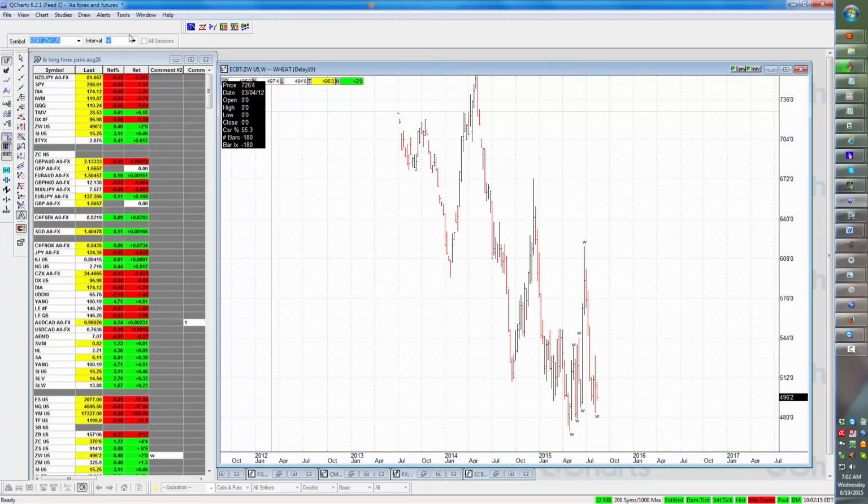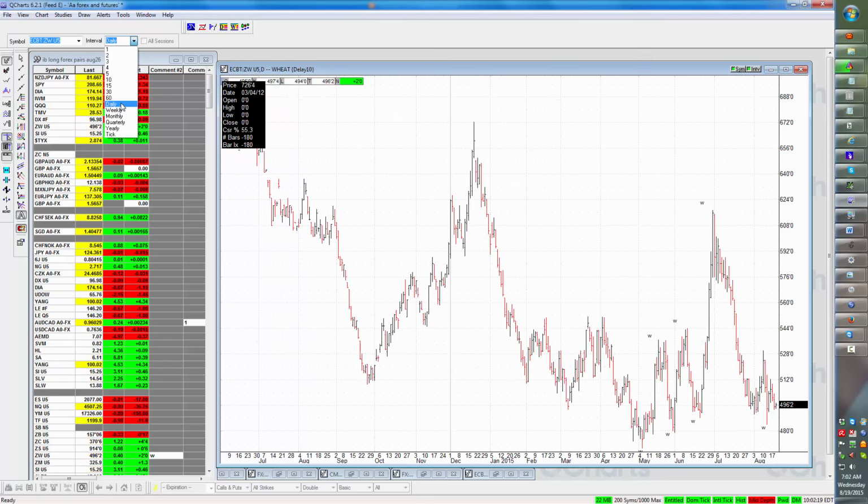Okay, so what we've done is we put W's underneath where there was a weekly pivot, and let's pop it open to daily. Okay, so we can see here the corresponding daily points.